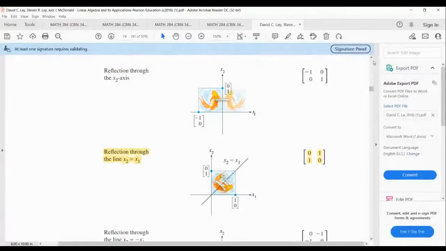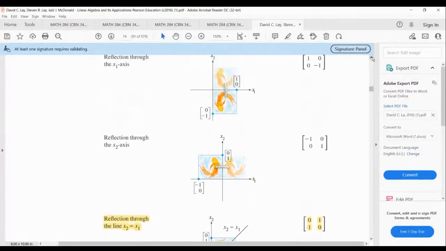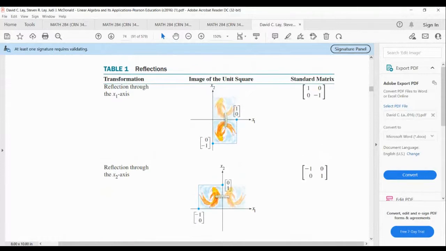If we for instance go to the first one, let's say you wanted to do a reflection through the x1 axis, and look at the point there 1, 0, which I have as vector 1, 0. What does 1, 0 get mapped to?